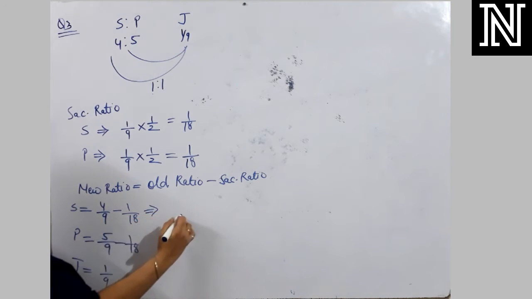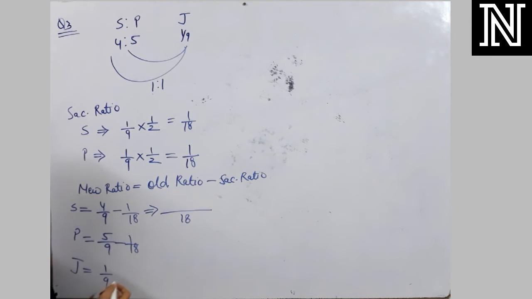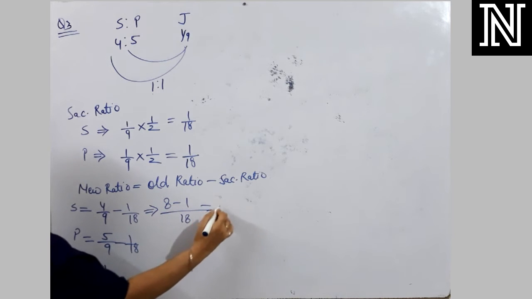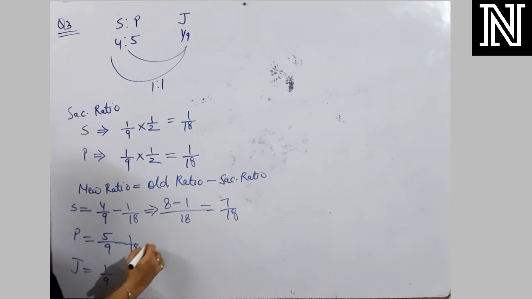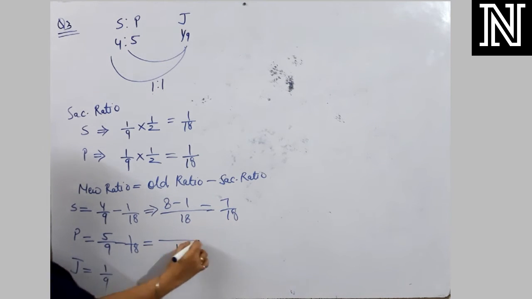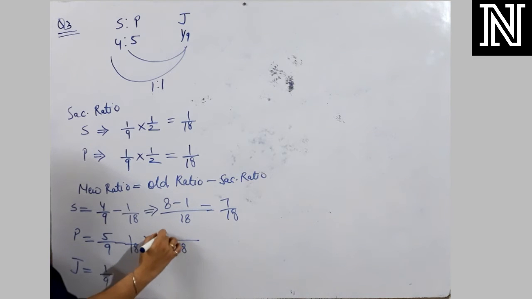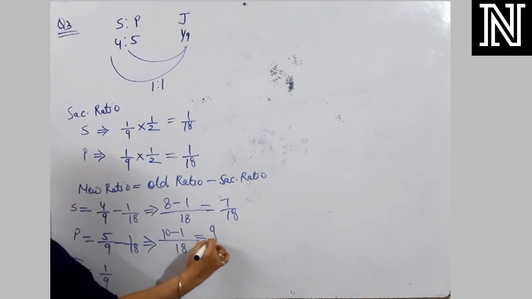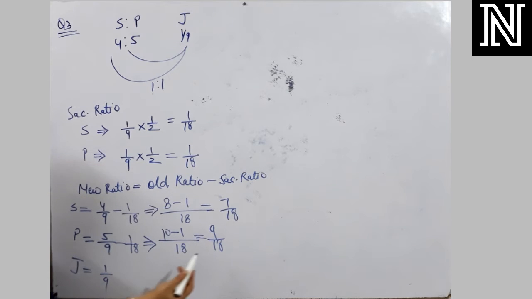As we are going to take LCM, it is 18. 9 2s are 18, 2 4s are 8, minus 1, that means 7/18. 9 2s are 18, 2 5s are 10, minus 1, 9/18. Here denominators are 18, so we have to make J's denominator also 18.